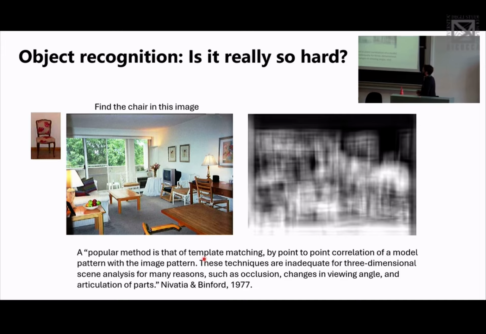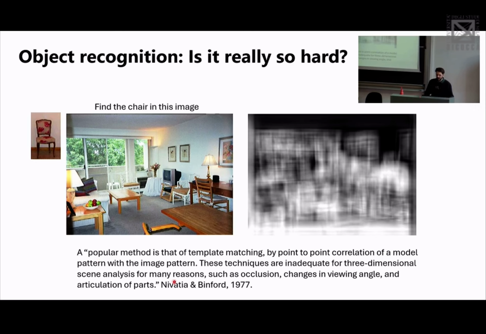If we go back to the 70s, a popular method was that of template matching. There were lots of algorithms to detect extreme points, which are corners, which generally define pretty well the salient points of an image, and you can correlate all of those points with those of a template.